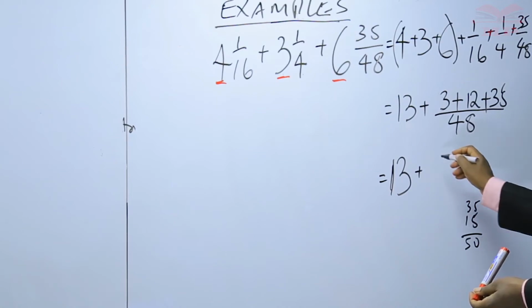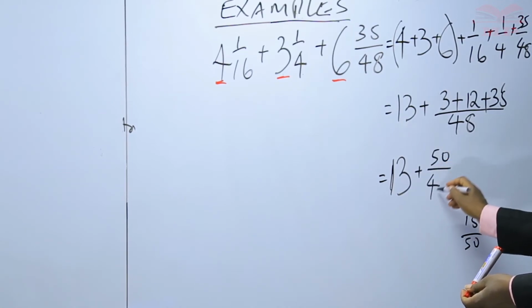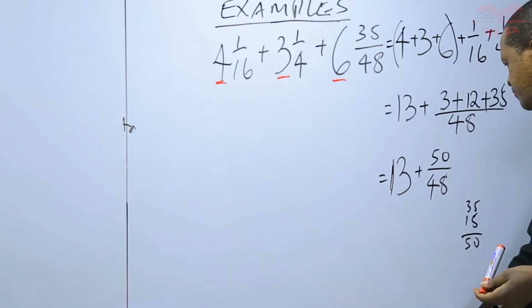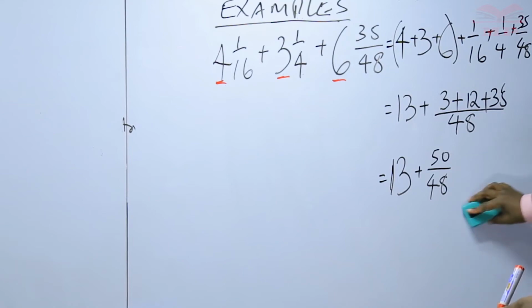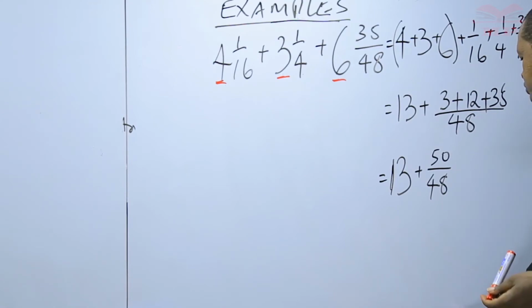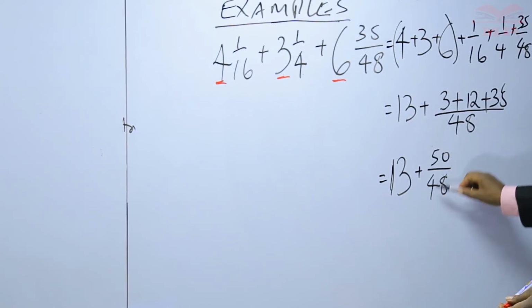So here we have 50/48. Here we can now convert the improper fraction into a mixed number. This is an improper fraction.